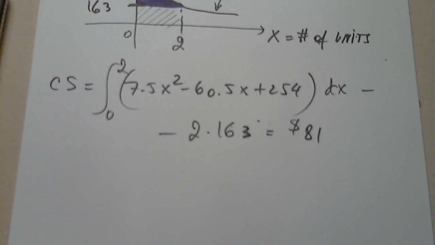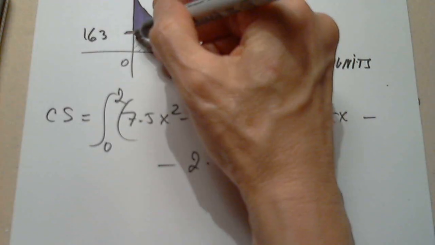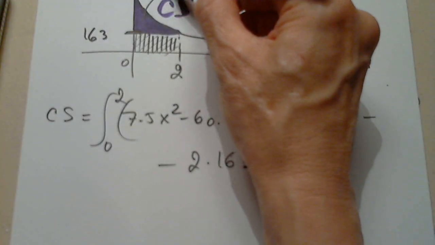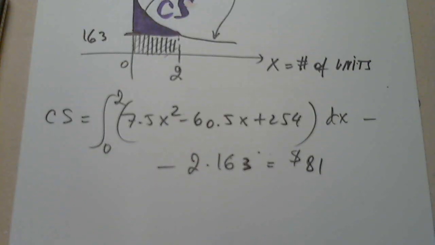When we hit enter, we get $81, meaning she is actually paying this amount for 2 jumps, but she's getting the extra surplus of $81 without somebody giving it to her in her hand. She's enjoying extra value in the amount of $81.